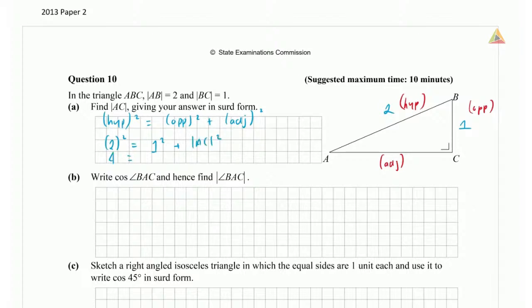So 2 squared is 4, is equal to 1 squared, which is 1, plus AC squared. We need to bring numbers to one side and letters to the other. So 4 minus 1 is equal to AC squared. So 3 is equal to AC squared. So AC, in this case, is going to be the root of 3. I'll put that into the diagram. So we found that that side is the root of 3.